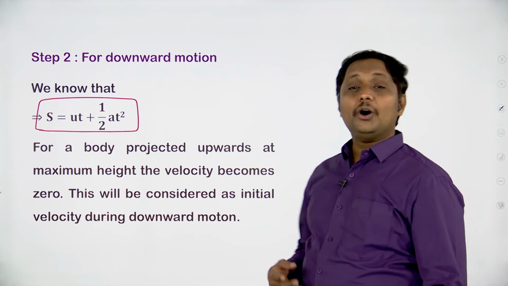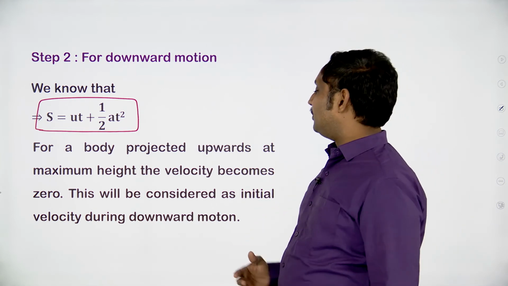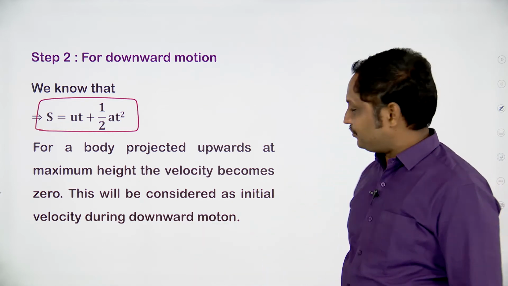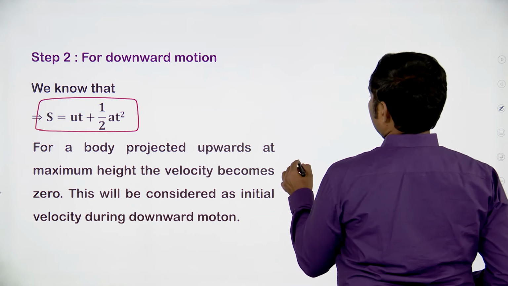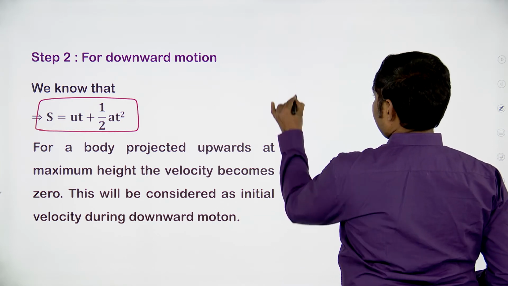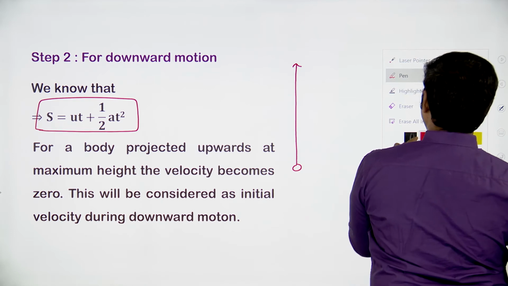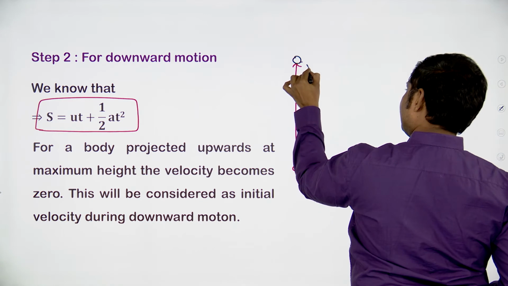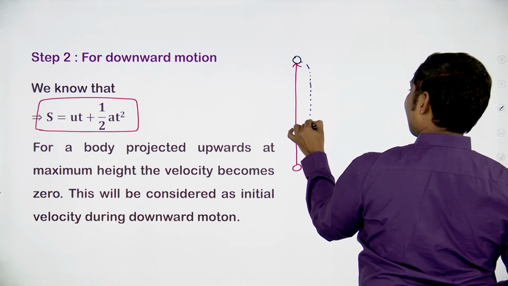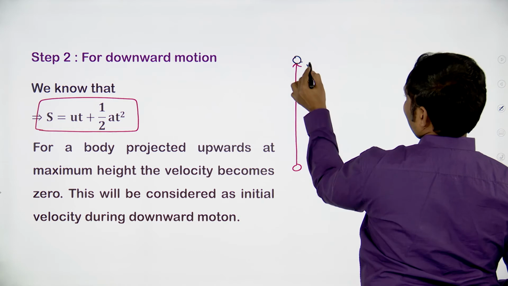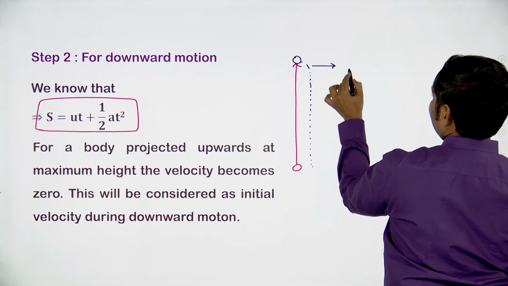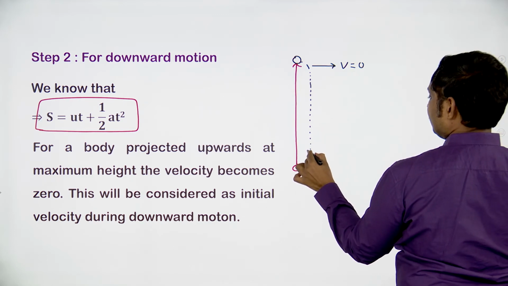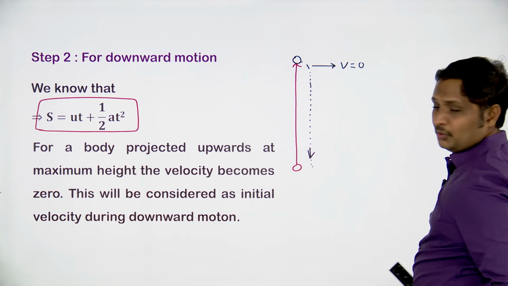Have a look at this. For a body projected upwards, at maximum height the velocity becomes 0. This will be considered as the initial velocity for the downward motion. If it reaches the maximum height, V is equal to 0, but in the case of the downward motion, what happened?